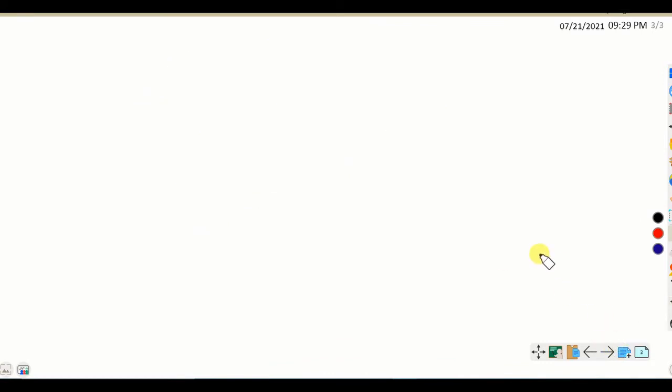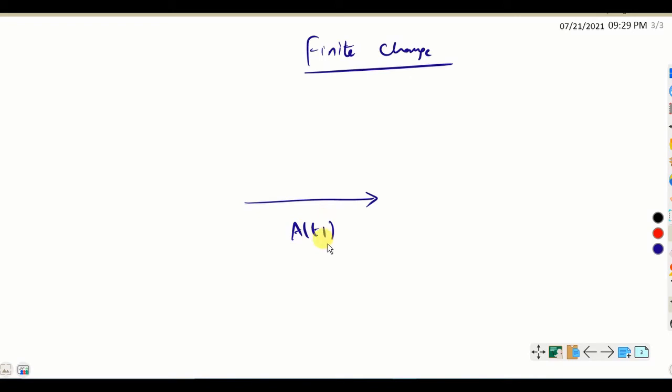Now, what is the meaning of finite change? The meaning of finite change is that if we have a vector A1, after some time the vector is A2, and it is making an angle, del theta, as the change in angle. So maybe this is your delta A, and I'm not saying here that it is actually perpendicular to this.